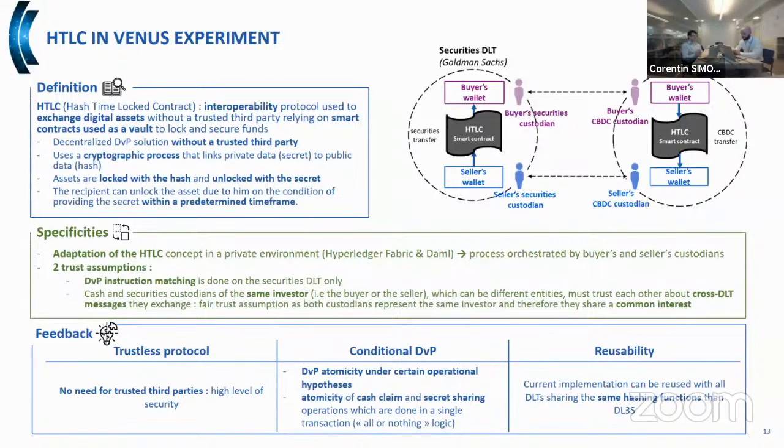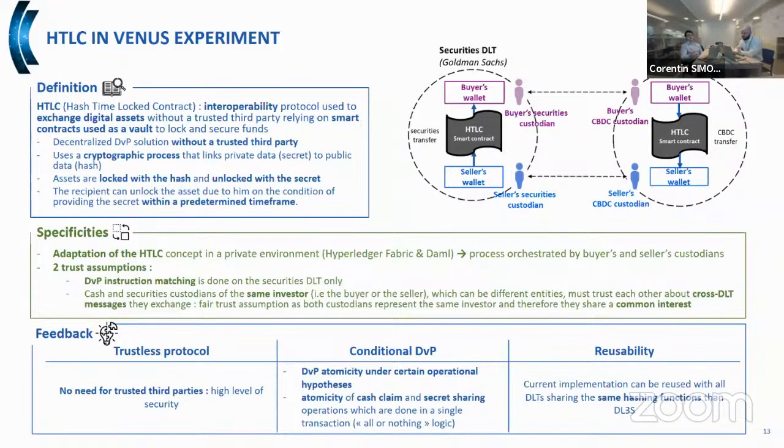In fact, HTLC does not achieve atomicity because it is an interactive process consisting of a series of off-chain and on-chain operations, and depending on the results, different states can be obtained at the end. For example, if the buyer is not able to claim the securities before their timeout, the seller will own both CBDC and securities at the end of the process.